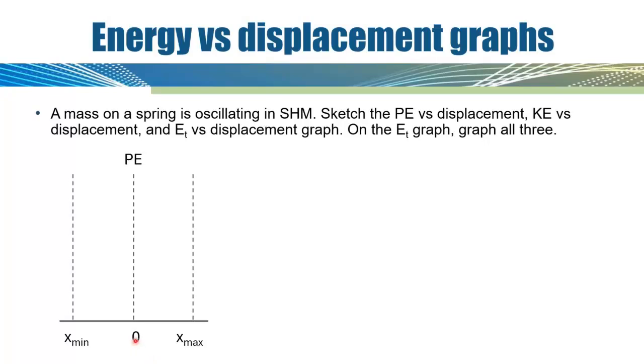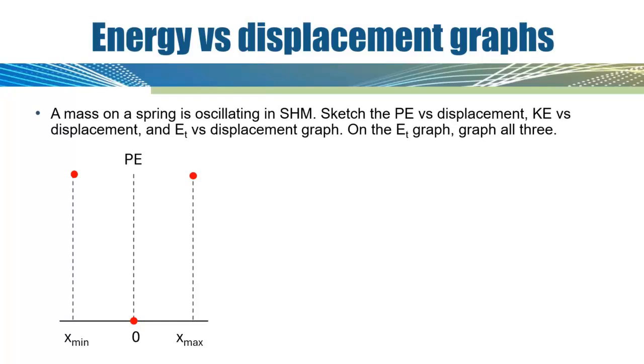So I have my system oscillating between x min and x max, which tells me that halfway in between has to be equilibrium. Now I'm just going to think through this. What do I know about potential energy at equilibrium? Well, I know that the potential energy is 0, and I know that it's a maximum at x min and x max. So I know these 3 key points, and that's all I need.